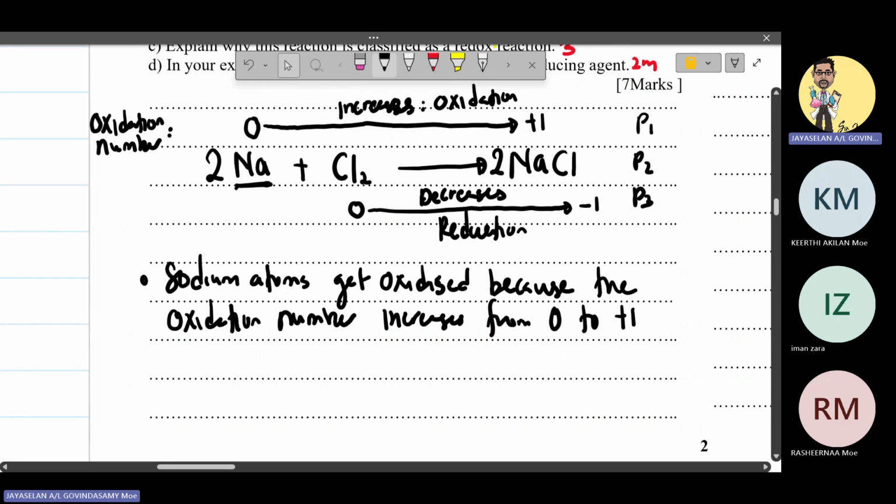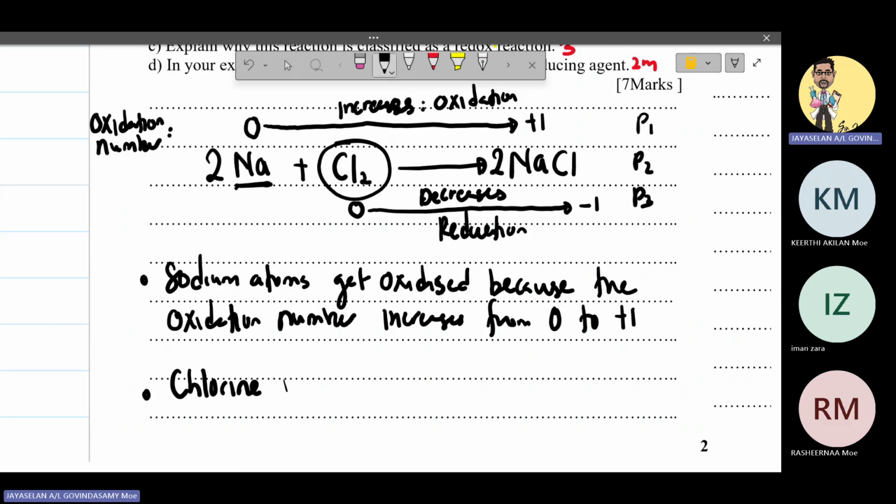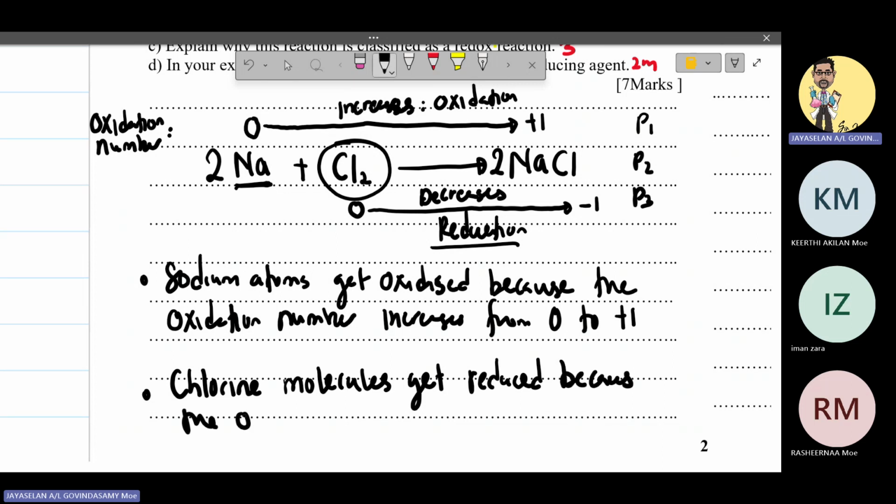Okay, now I do for chlorine. I focus here. So I put here chlorine. Chlorine exists as molecule, right? Chlorine molecules get what? Get reduced. Reduced because of what? Because the oxidation number decreases.